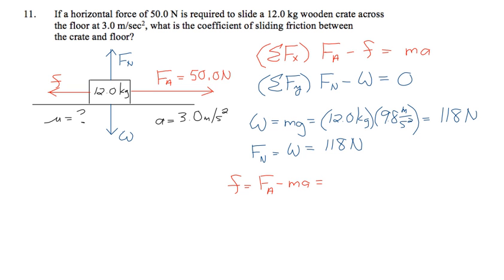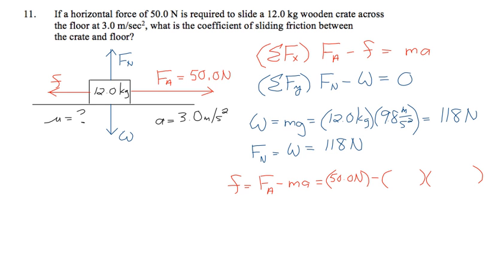So again, friction would go on one side, I'm putting it there, and then on the other side I'd have Fa, and when I bring Ma over, these are all terms. So when I bring the Ma over, if it was positive on that side, it's going to be negative on that side. So Fa minus Ma. Now we put in the numbers. For the applied force, we know that's 50 newtons.